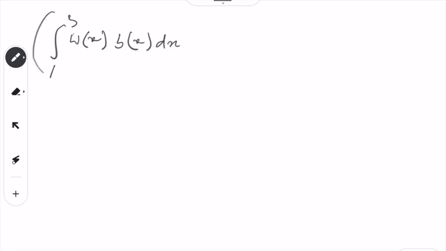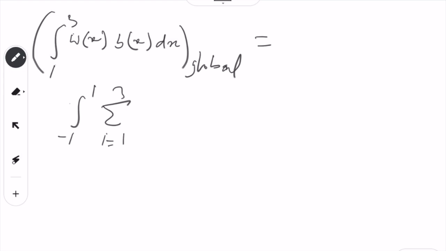So the last term is integral from 1 to 3 of Wx Bx dx, which is global. With B equal to constant, we have minus 1 to 1, and Wx is nothing but the sum over i equal to 1 to 3 of N i x multiplied by the constant B naught dx.